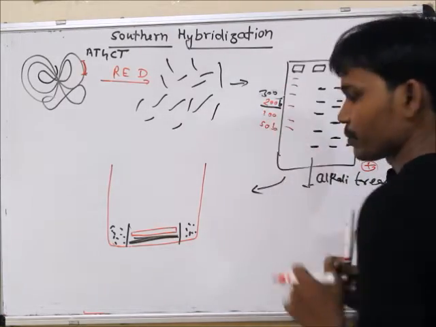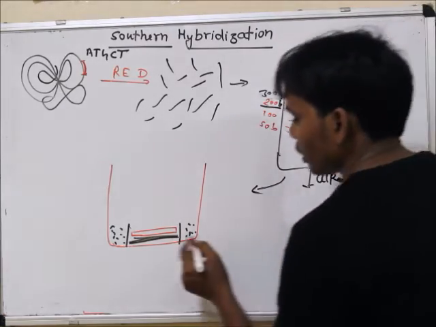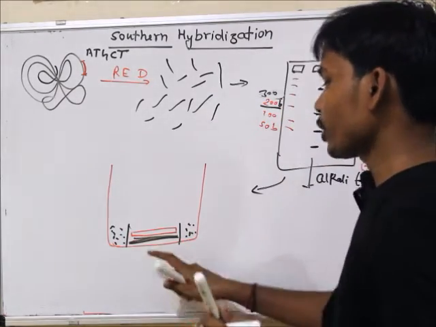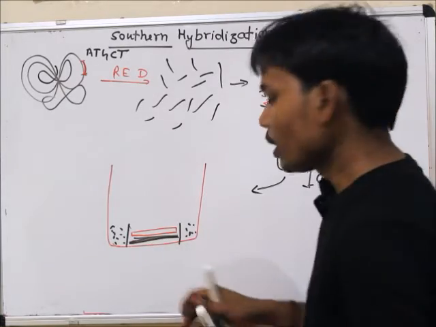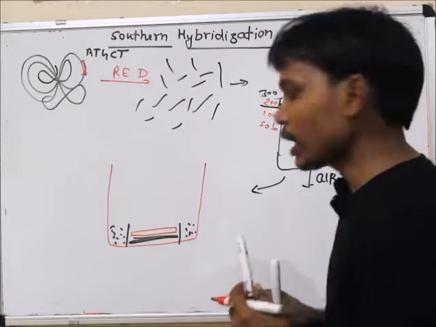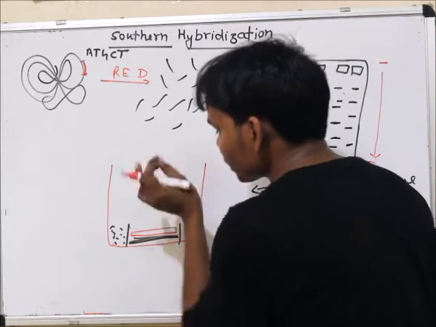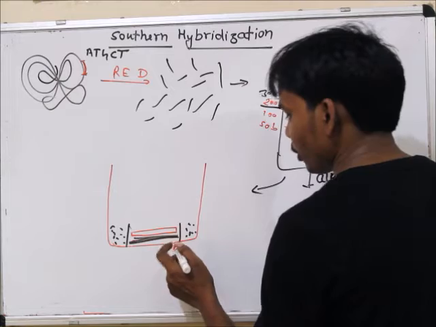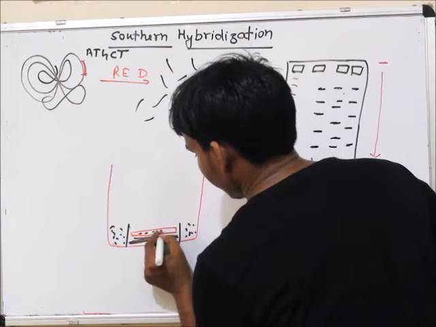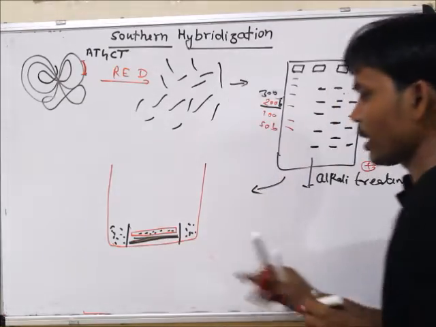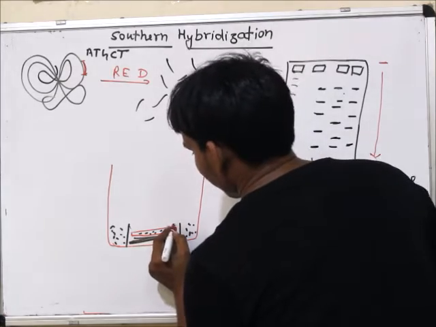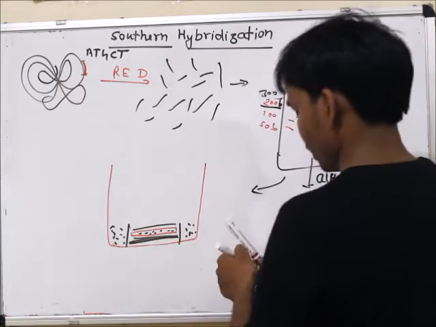The buffer is absorbed by the paper, and through capillary action the buffer moves to the gel, above which our DNA fragments lie. Then above it we put the nitrocellulose paper.